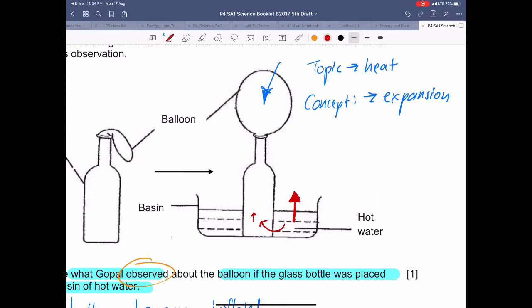However, it's too long-winded for just a 2 marks question. So what you could do is, you just straight away say that heat is transferred, or heat is lost from the hot water to the air in the bottle, causing it to expand.